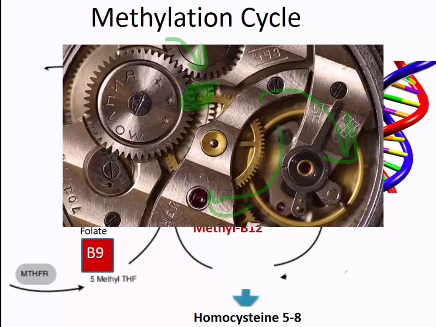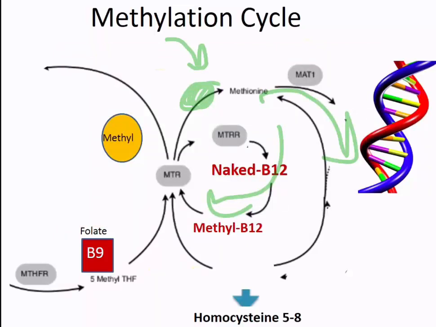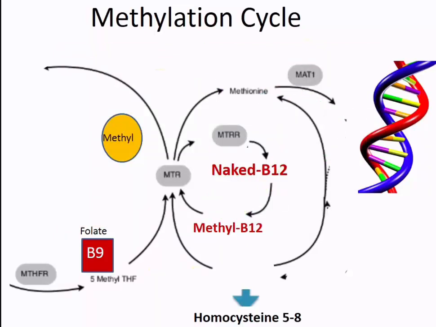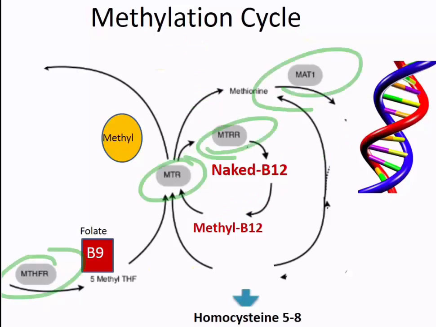I'm just making an analogy here. All these little wheels work together. So let's get back to your body. If these genes aren't working correctly, and you can measure this to see if you have any sluggish genes, you're going to see this homocysteine down here. You see that?